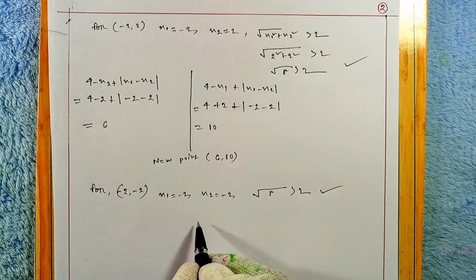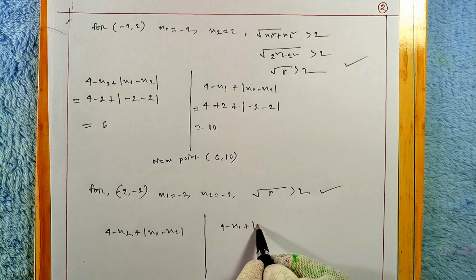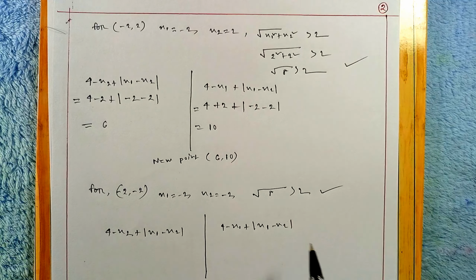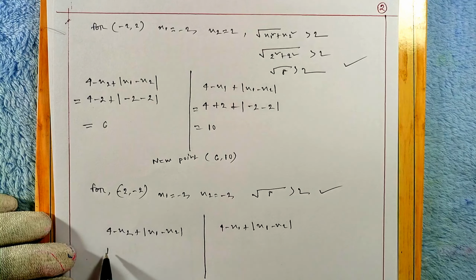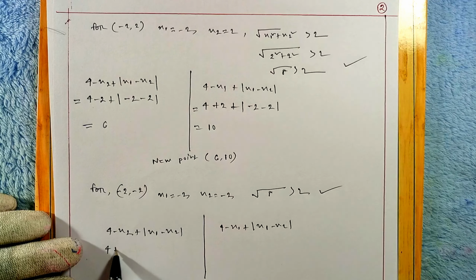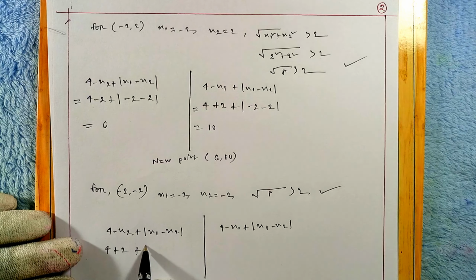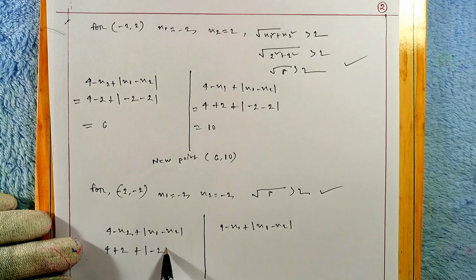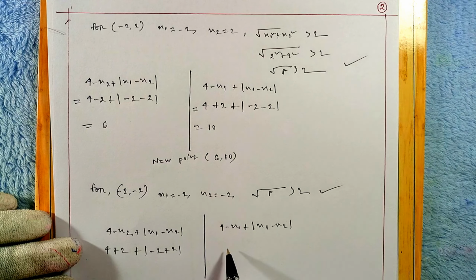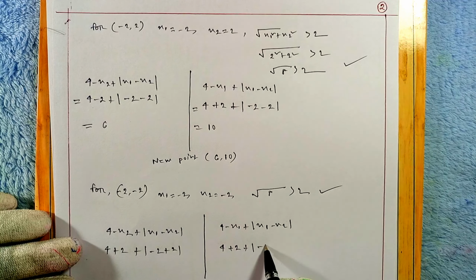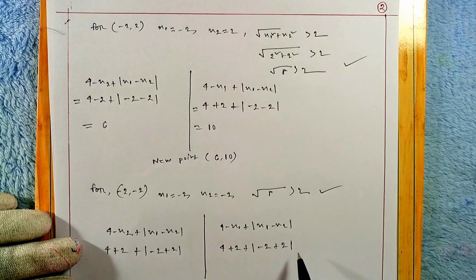4 minus x2 plus x1 minus x2, 4 minus x1 plus x1 minus x2. So here the value will be 4 minus plus 2 plus minus 2, it will be plus 2, and this one will be 4 minus minus 2, so it will be plus 2 minus 2 plus 2.